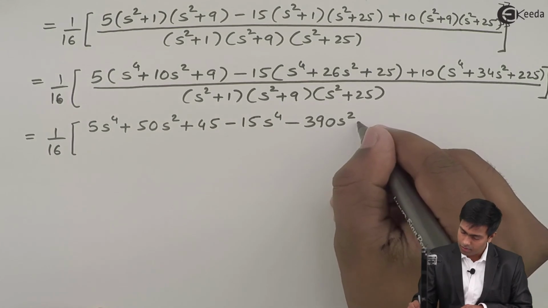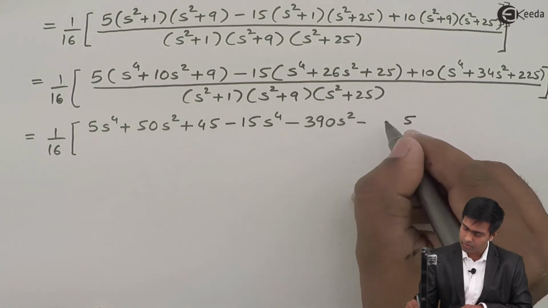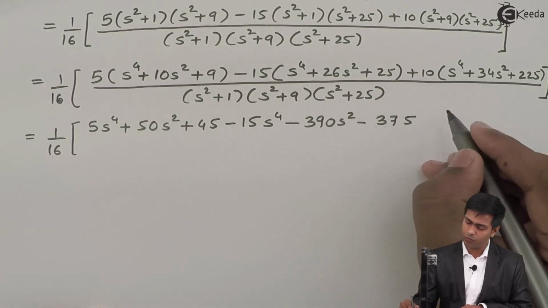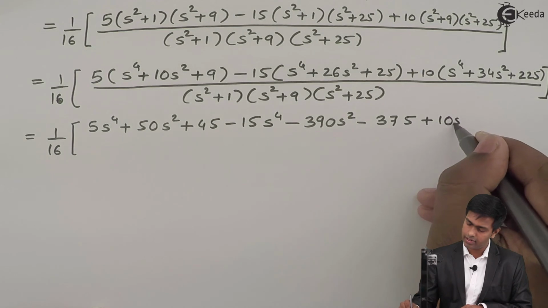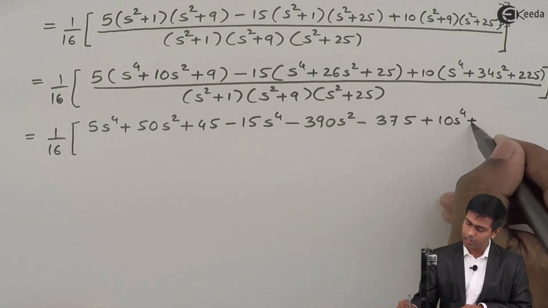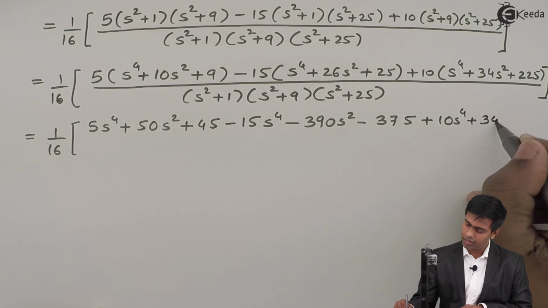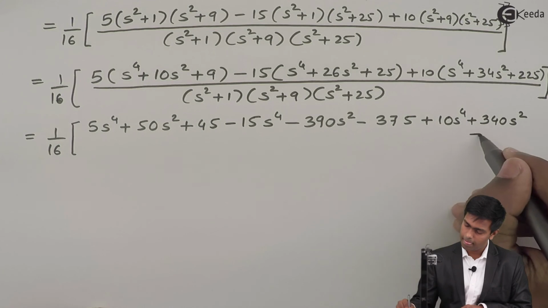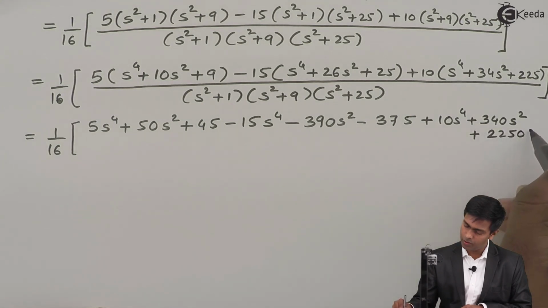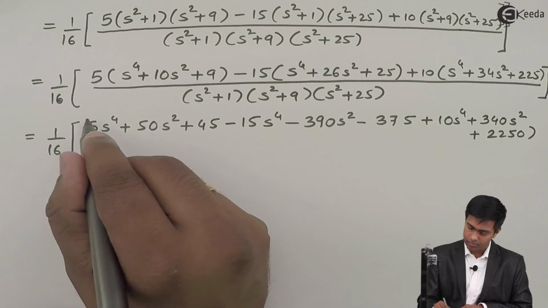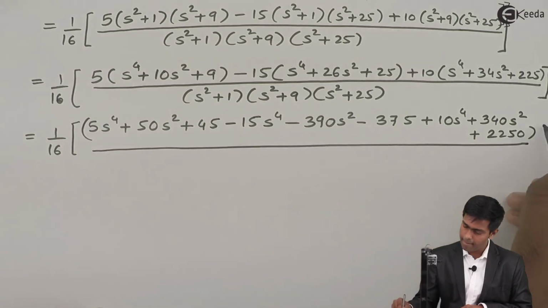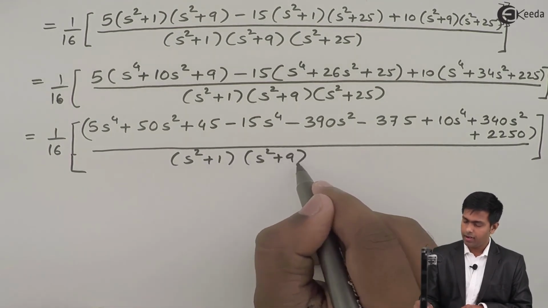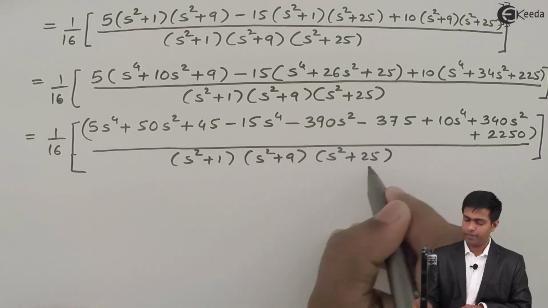So it is minus of 375. Then here we'll get 10 s raised to 4, that is plus 10 s raised to 4. Here we'll get plus 340 s square, and in the end we will get plus 2250 in bracket, and this whole upon s square plus 1, s square plus 9 and s square plus 25.